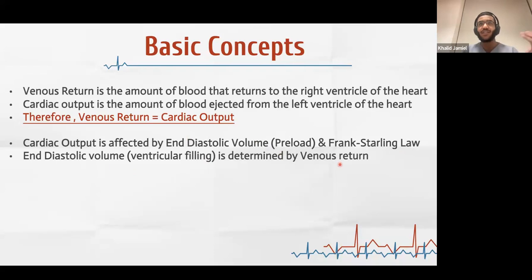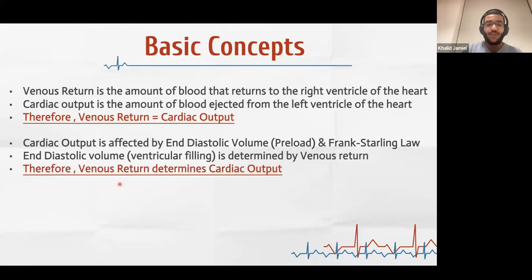So the more blood you get into the right ventricle, the more the end diastolic volume. Therefore, venous return is what determines the cardiac output. So they're not only equal, but venous return also determines the cardiac output. An increase in venous return will increase cardiac output, and a decrease in venous return will decrease cardiac output. So are these concepts clear? They're very important to remember for the rest of the lecture.